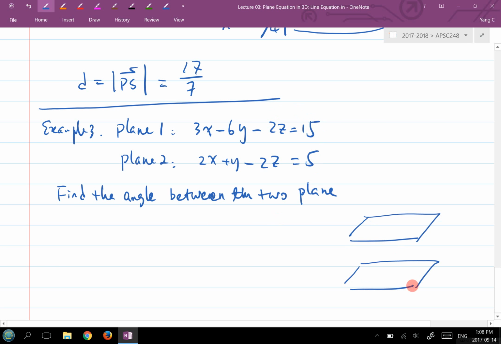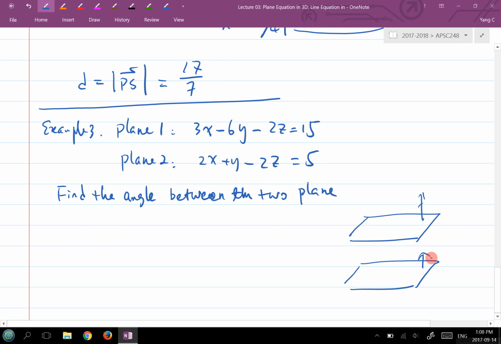So, if the two planes are parallel, you shouldn't look at this side here. You should look at this side here, the normal vector. If two planes are parallel, that means the two normal vectors to the two planes must be parallel to each other. Then the two parallel vectors must be just different by a scale.